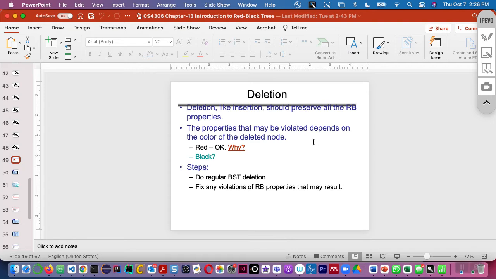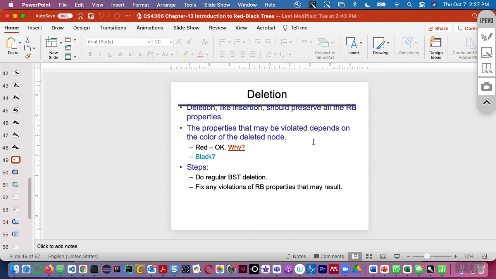A red black tree is also a BST, so it should maintain the order: the value of the right child is greater than the value of the root, and the value of the root is greater than the value of the left child. For all cases, we need to make sure.